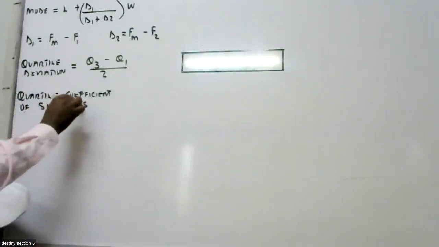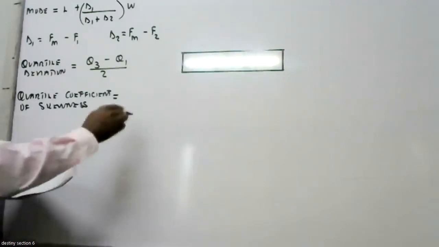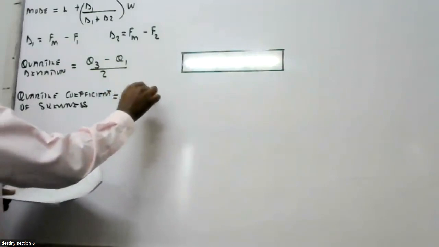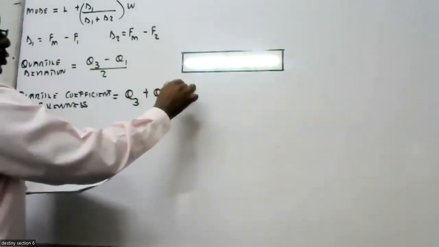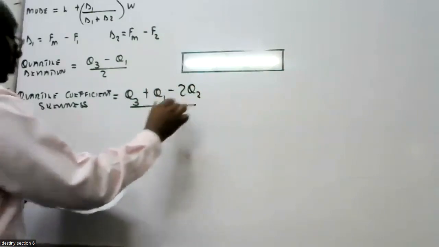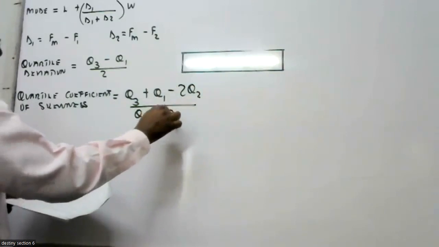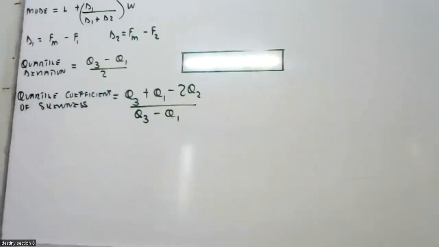Remember, I told you there are very many types of skewness. So this quartile skewness is usually given as Q3 plus Q1 minus 2Q2, you divide by Q3 minus Q1. That's how it's given.